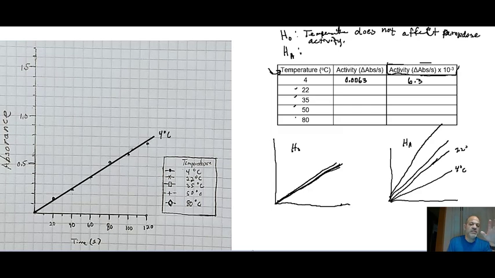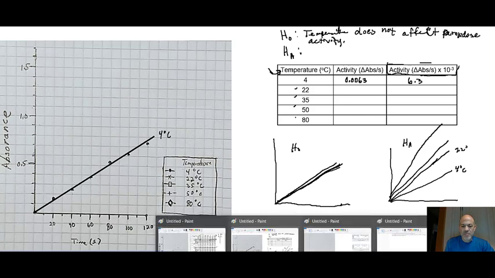I'm not going to ask you to do that on this one, and the techniques are actually even more advanced than when we're trying to model and compare lines. So we're not going to go there. Just graph the lines and then make a determination. Are there significant differences in the slope or not? So you do still need to plot all of these data, and you still need to come up with the slopes and then move the decimal place 3 times to the right so that you can graph in more convenient units of times 10 to the negative 3. Okay, so that's the basic idea for that.